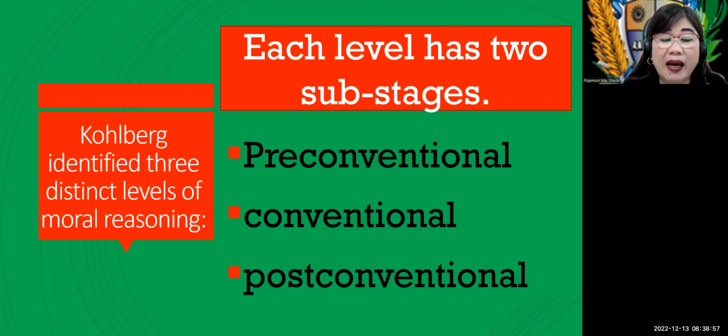People can only pass through these levels in the order listed. Each new stage replaces the reasoning typical of the earlier stage. Not everyone achieves all the stages.